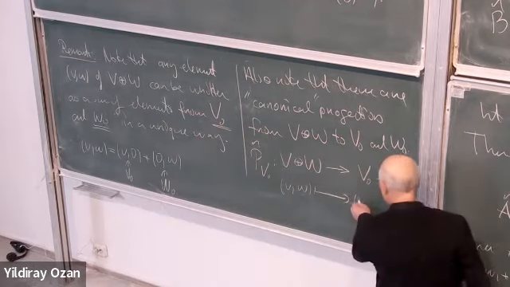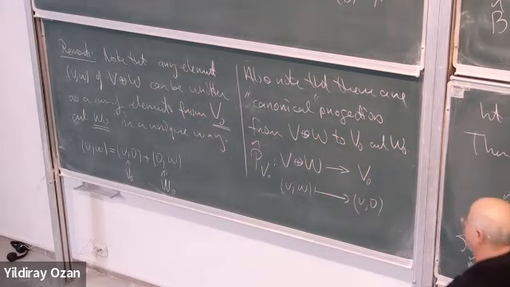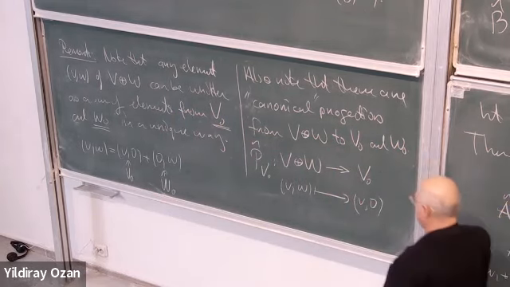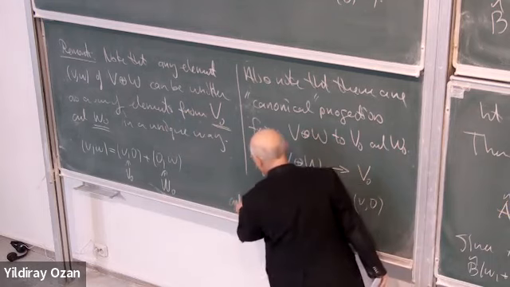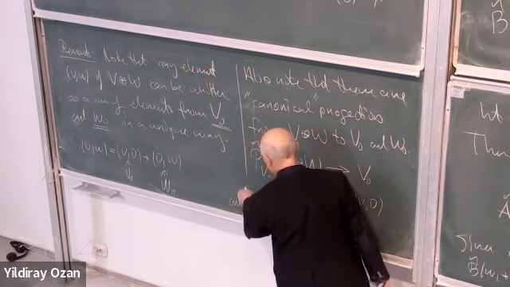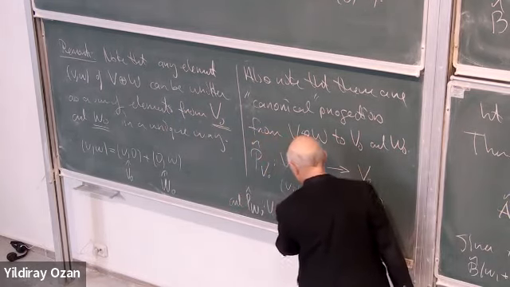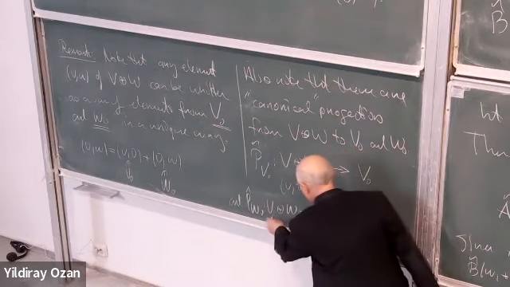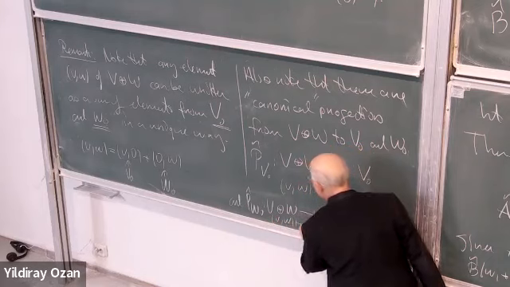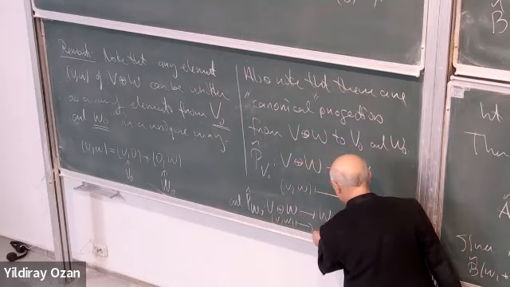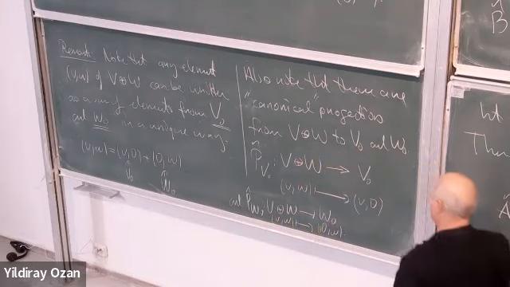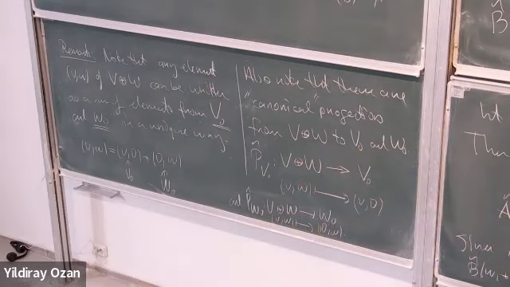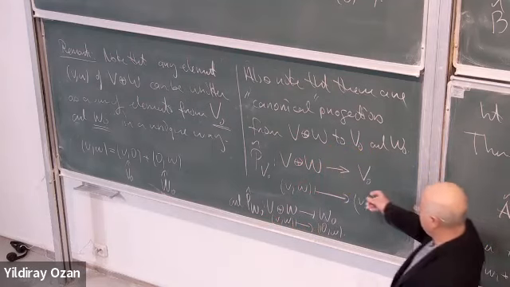But of course, this is the map. V comma W is mapped to 0 comma W. These are projections.